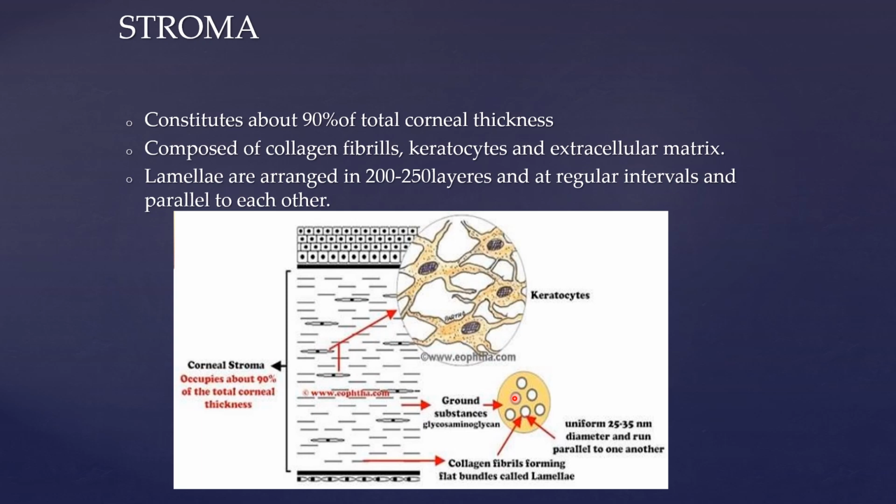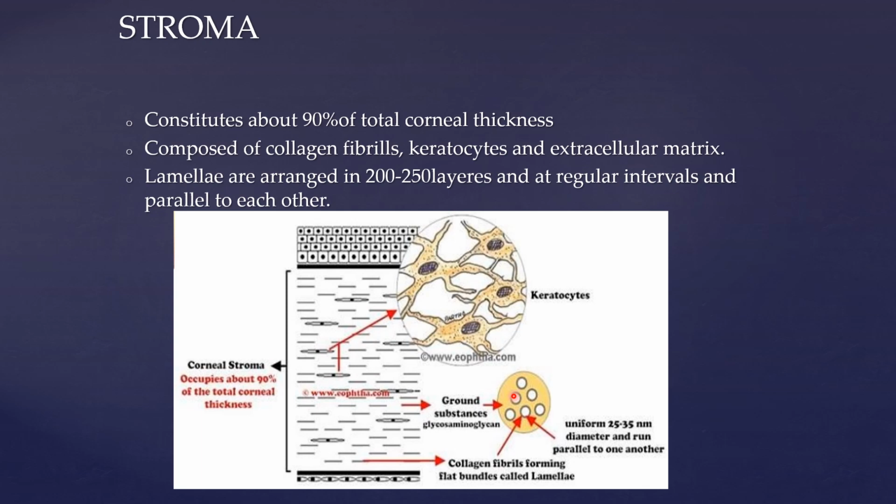If this spatial arrangement of corneal stroma is lost due to any reason, like in case of injury, the structure of stroma becomes modified and we get opacity in the cornea. Another factor which helps in maintaining the transparency of cornea is the relative dehydration of the cornea.